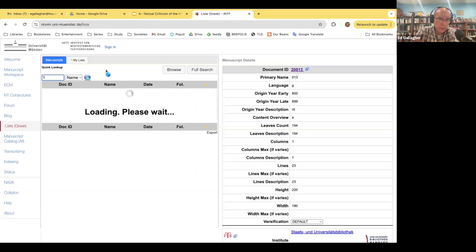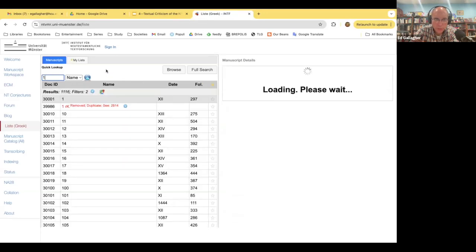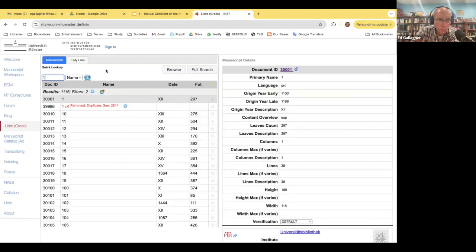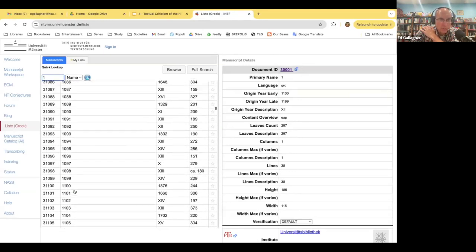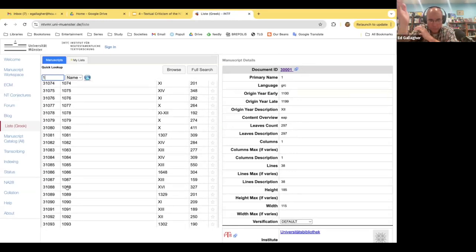It looks like there's going to be a lot because it's taken a while to return anything. 1116 begin with a 1, and that includes Codex 1, Codex 10, Codex 100, probably Codex 1000, and everything in between.